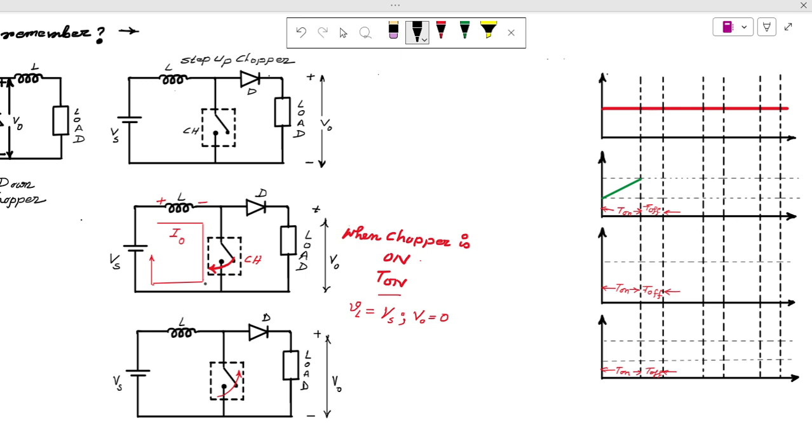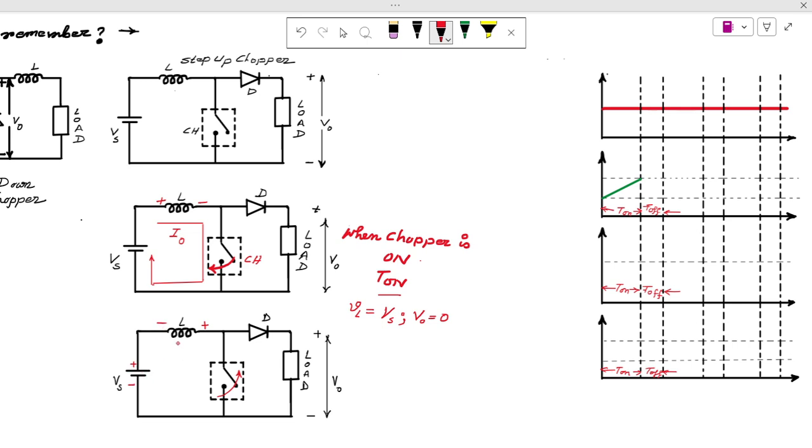So there will be a process in which it interchanges its polarity. This will become minus and this will become plus. Look here, the polarity is plus and minus, so this plus is added with the supply voltage Vs. How much is this voltage?